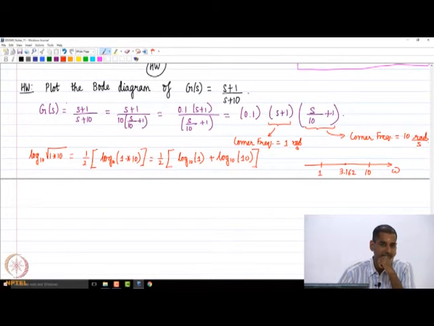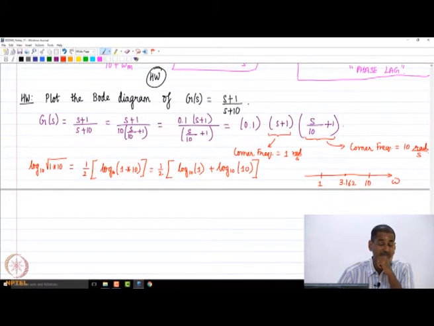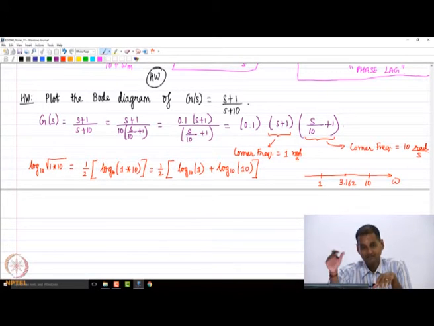So, this geometric mean result is true for all s plus a by s plus b? Okay. Factors of this form, that is what I am saying, I am not going to generalize here, it depends on the value of a and b, okay, we will come to that. So, please wait for a few more classes.